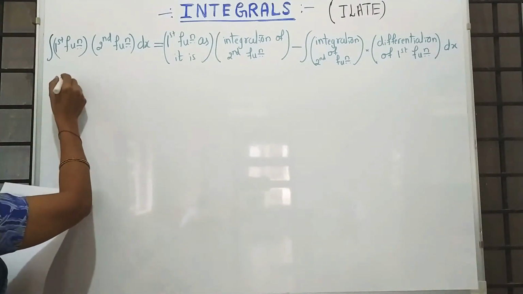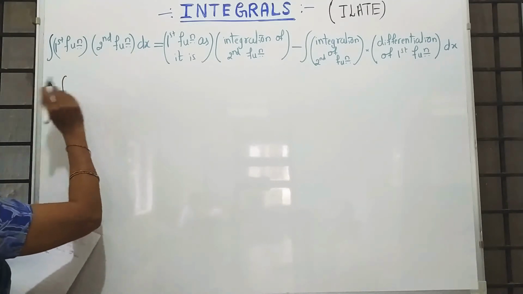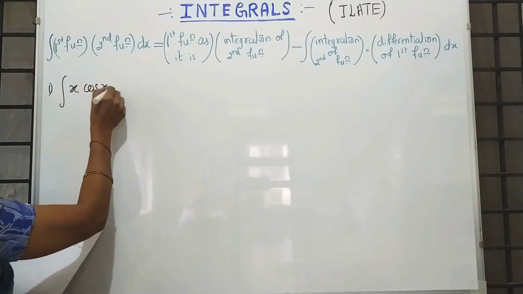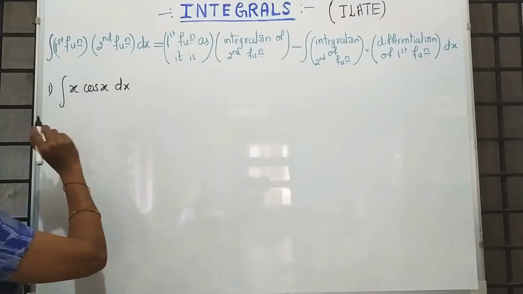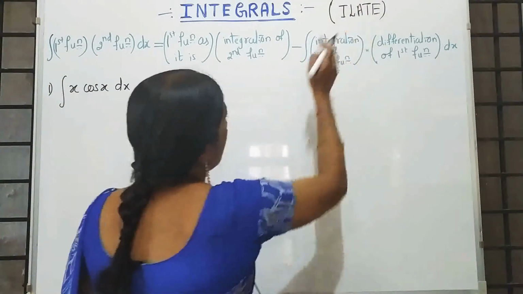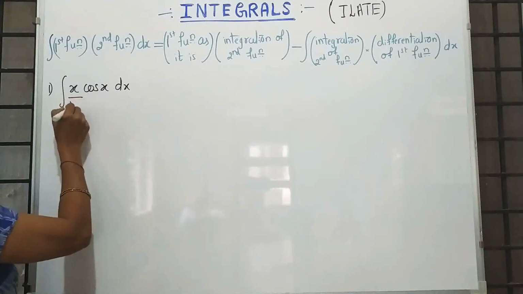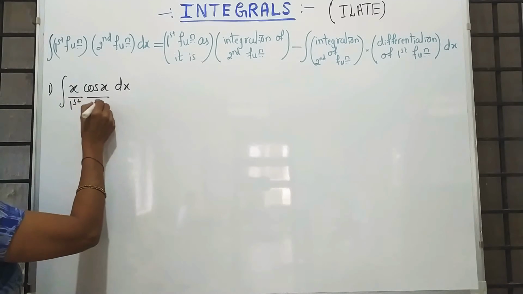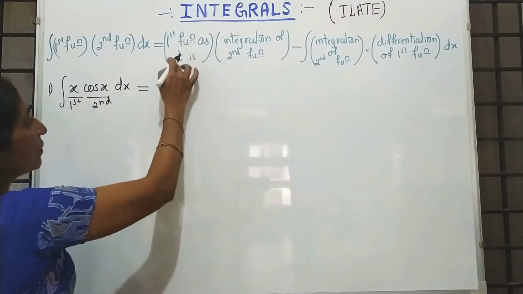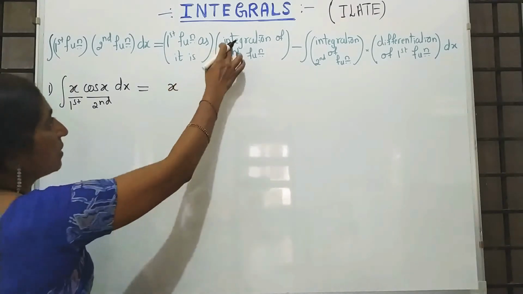See the example: integrate the following with respect to x. x into cos x. Here first algebraic, then trigonometric. A comes first, then T, that is, algebraic is the first function and trigonometric is the second function. Exactly below I am writing the first function as it is, x as it is.